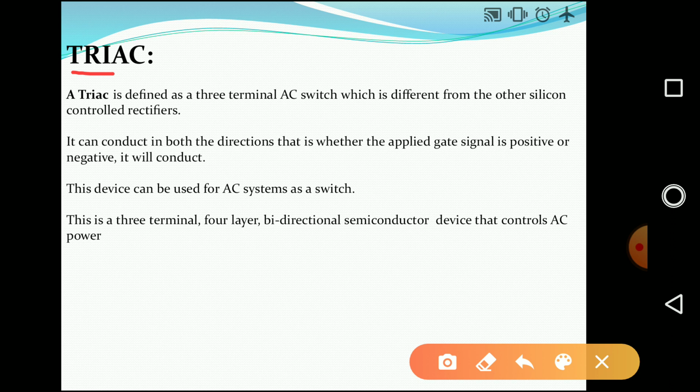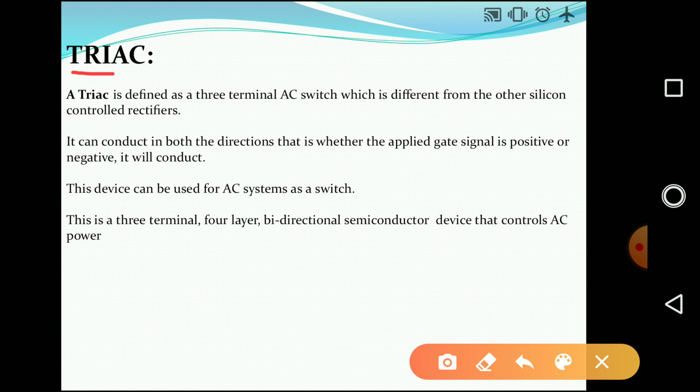Among the three terminals, gate is one terminal and the remaining are the main terminals MT1 and MT2. Therefore, it conducts in both directions. We can apply the positive as well as the negative supply at the gate terminal. Irrespective of the supply, it will conduct in both directions.